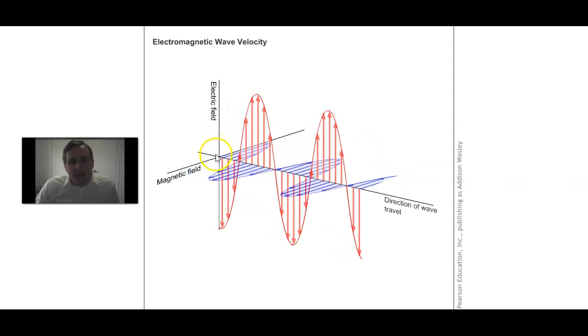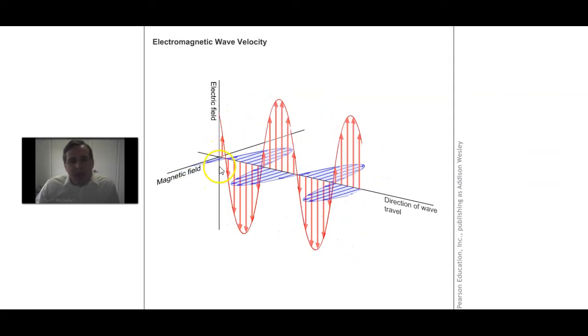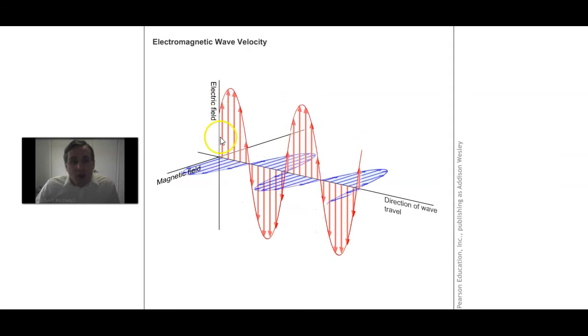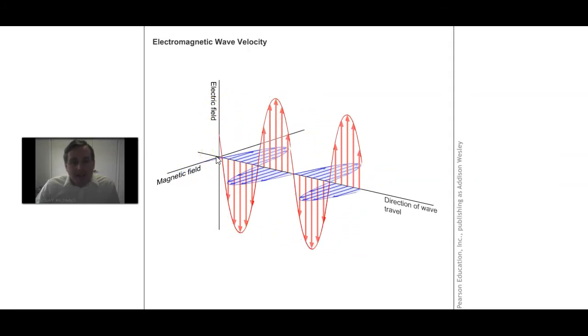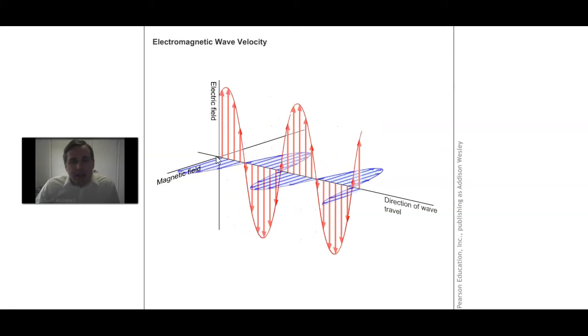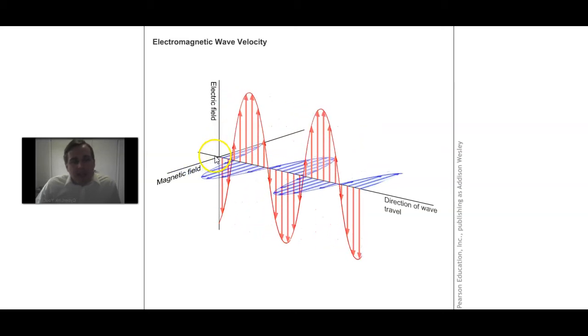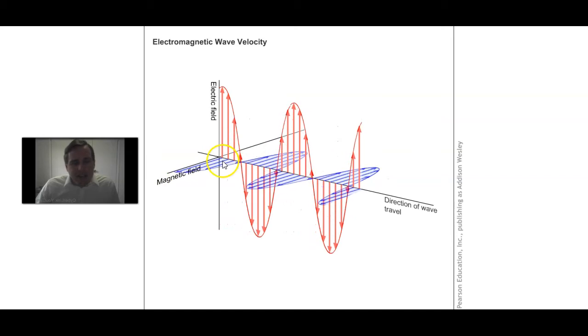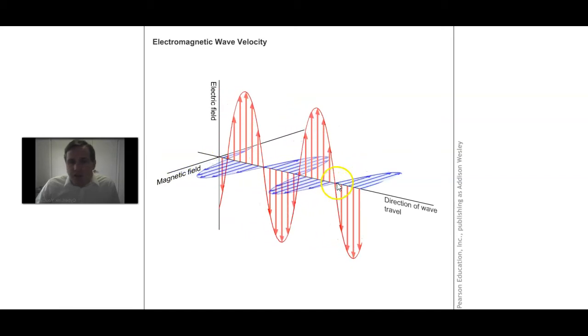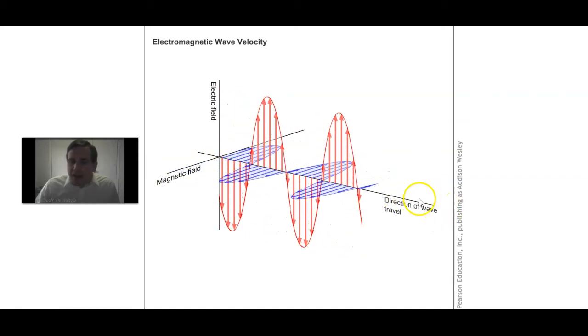Now, by the way, this electromagnetic wave has its electric field, let's say, going up and down the y-axis, and notice that its magnetic field is going side to side on the positive z-axis, and the direction of wave travel is out here in the positive x direction.